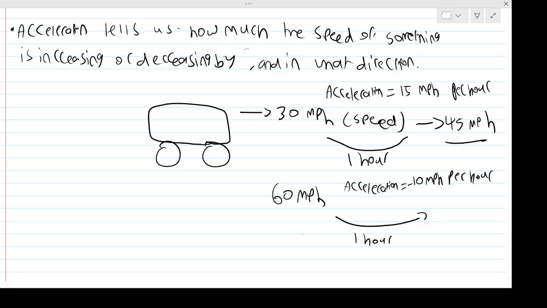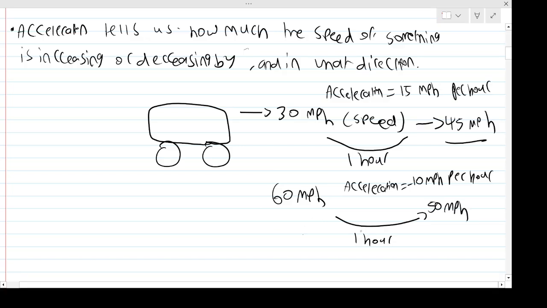Now that's quite interesting. The acceleration now is negative, right? So that's saying that the speed is going down by 10 every hour, okay? So if it's at 60, then after 1 hour it will go down to 50, okay?